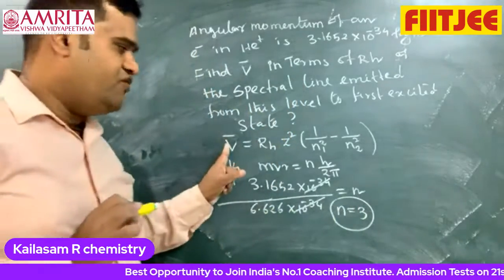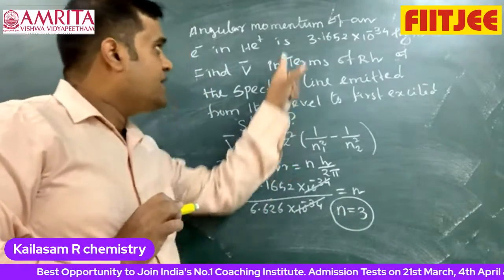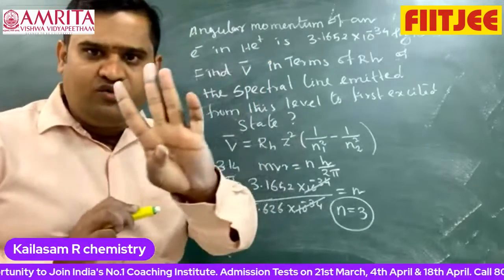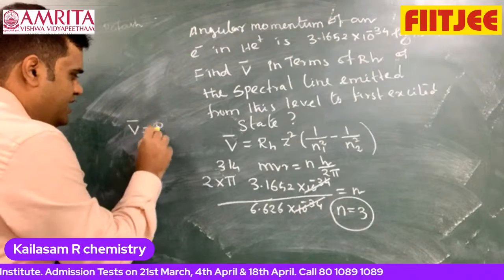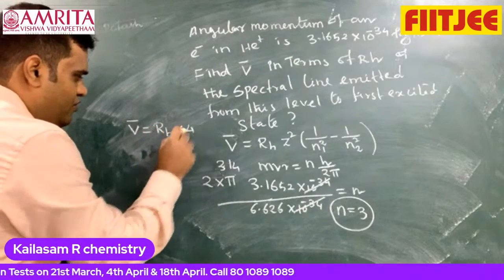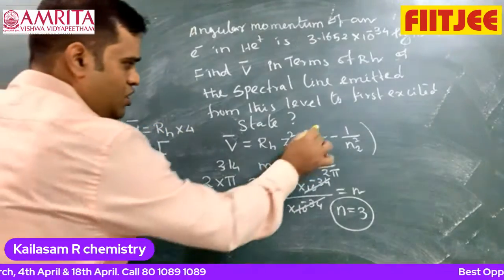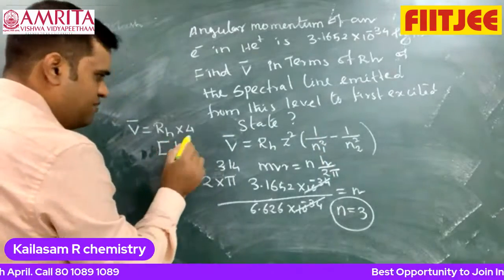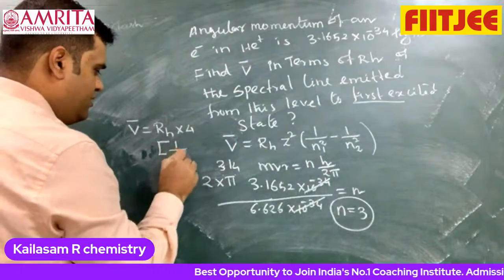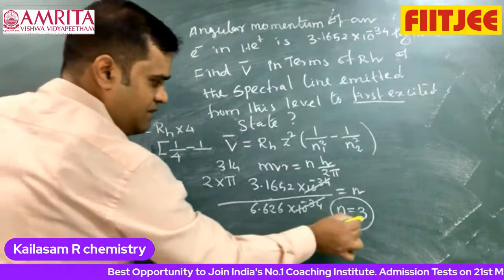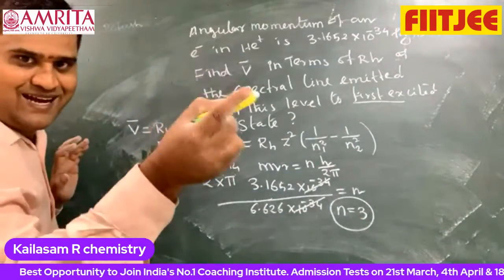Now I want to find the wave number. Z squared in the case of helium plus is equal to 4. Therefore I can write that wave number is equal to RH into 4, into 1 by 4, because the first excited state is given here, minus 1 by 9, since n is equal to 3, the second excited state.